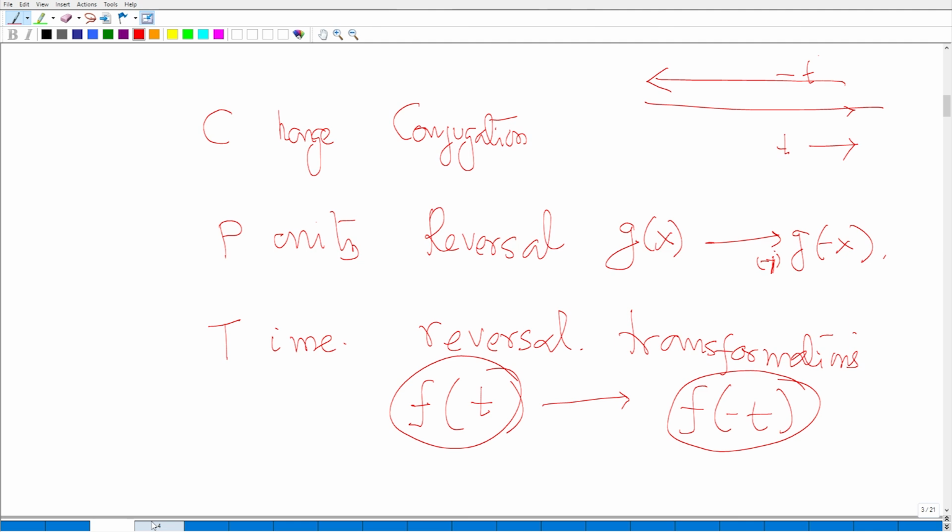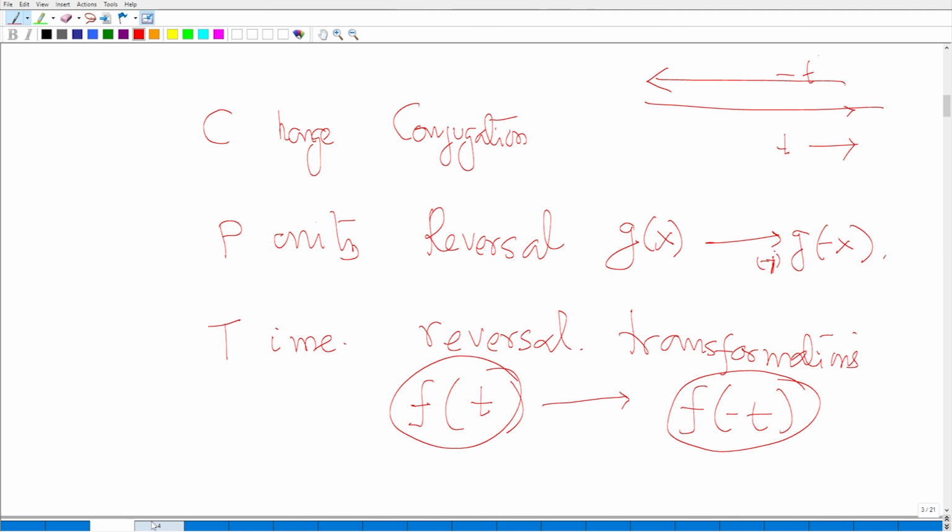But even without going into these details, in the most elementary form of explanation, x going to minus x and t going to minus t are good enough to describe these two reversal transformations.